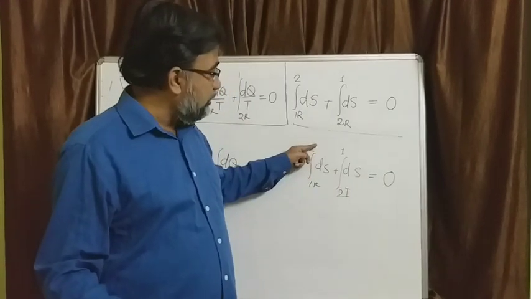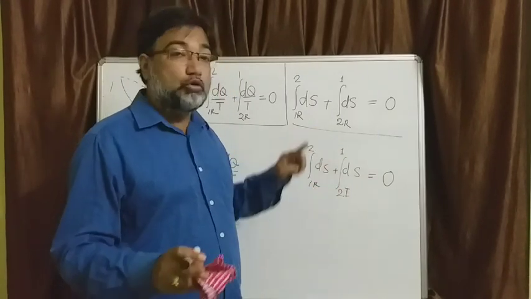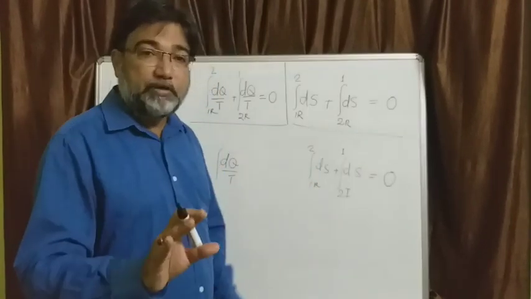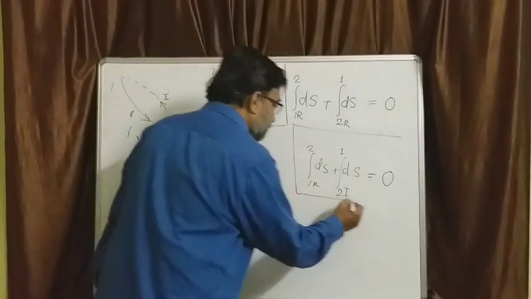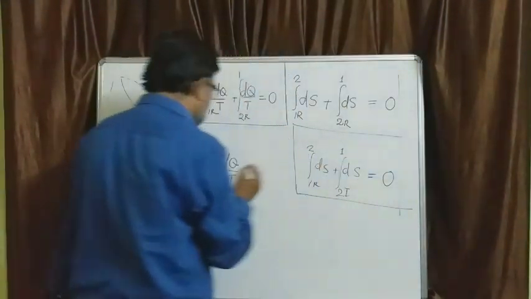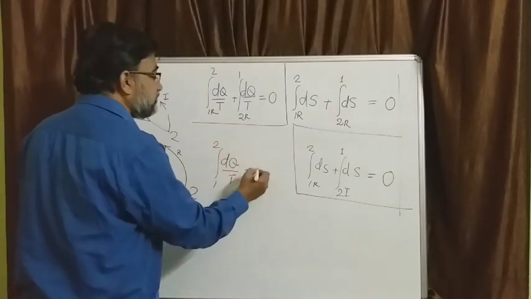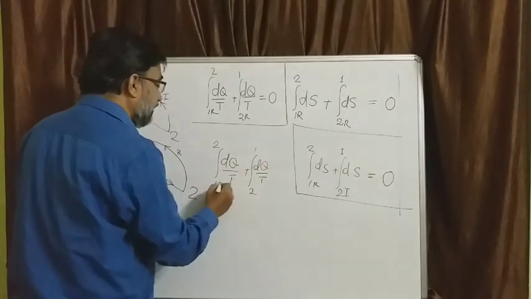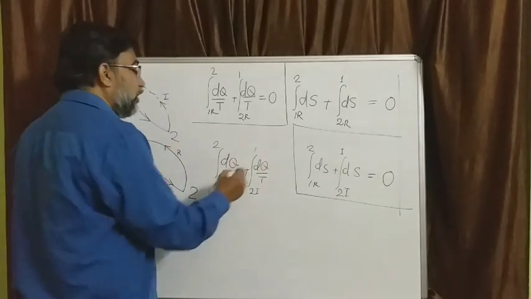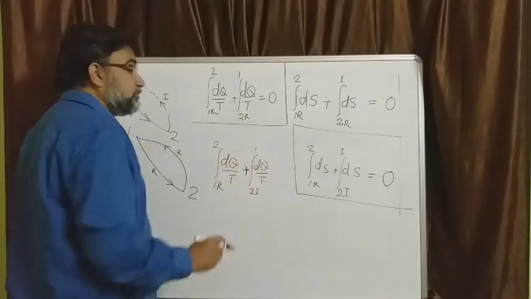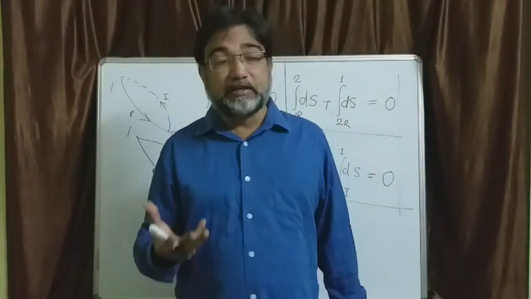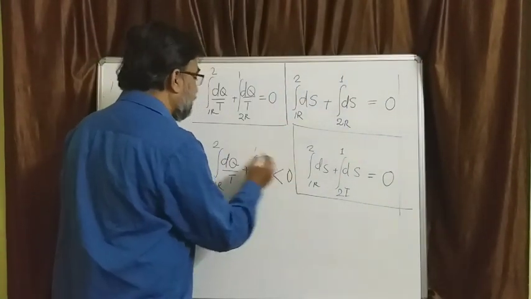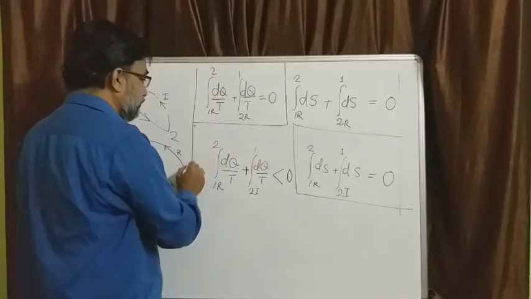So however much change happened 1 to 2, the same change happened 2 to 1 in the opposite sign, and this will be 0. There is no ambiguity as far as entropy is concerned. But the problem lies here. dq by t 1 to 2 plus dq by t 2 to 1, this is reversible and this is irreversible, will be how much? This is an irreversible cycle, and for an irreversible cycle the cyclic integral of dq by t is how much? It is less than 0. So we already have this knowledge. So this is less than 0.